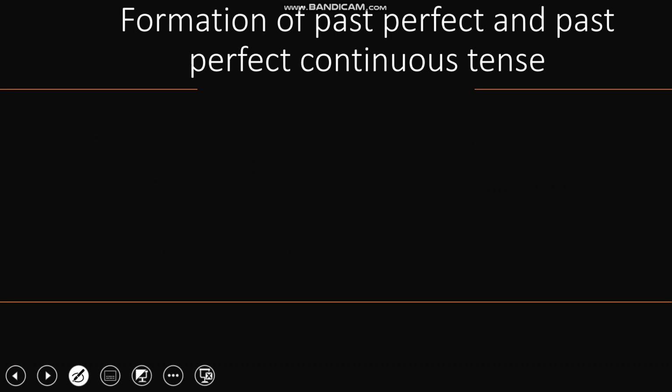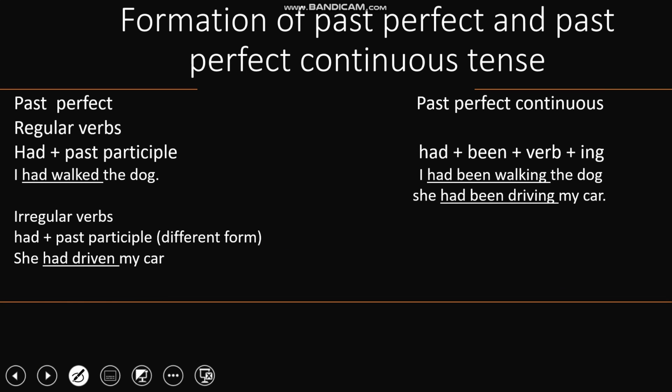So how is the past perfect and the past perfect continuous formed? Past perfect for a regular verb, you use had plus the past participle, that is the verb plus ed. And for irregular verbs, you use had plus the past participle again, but this is in a different form.